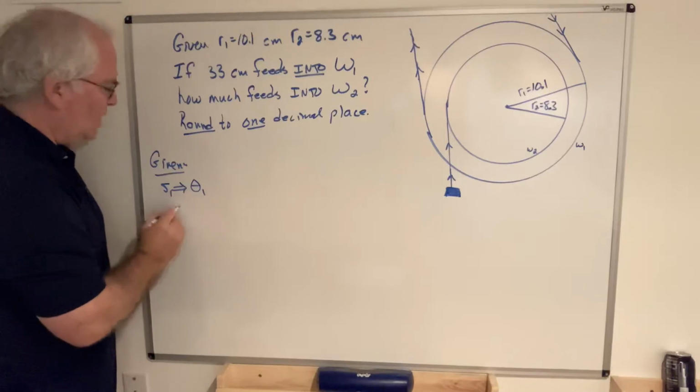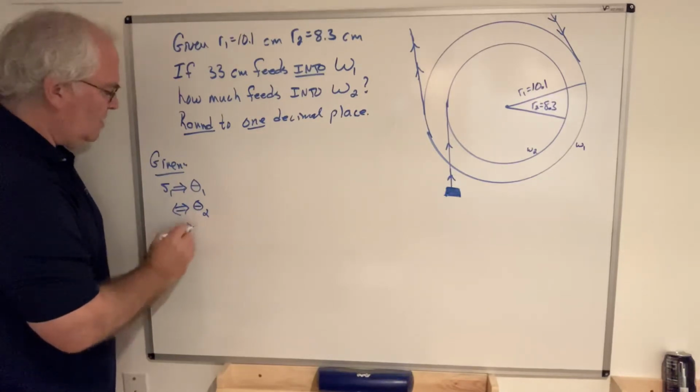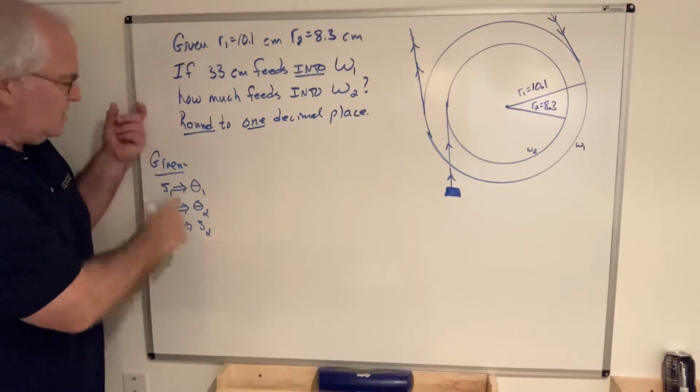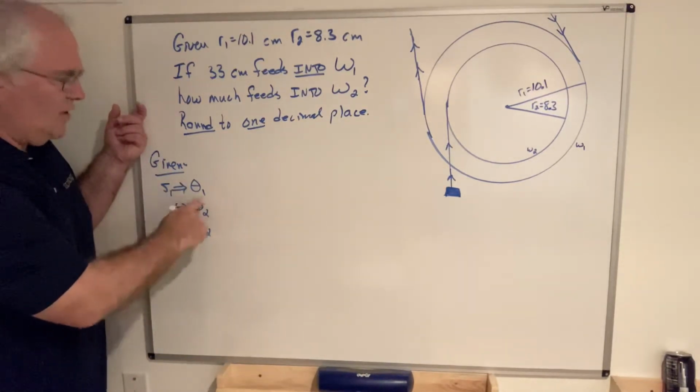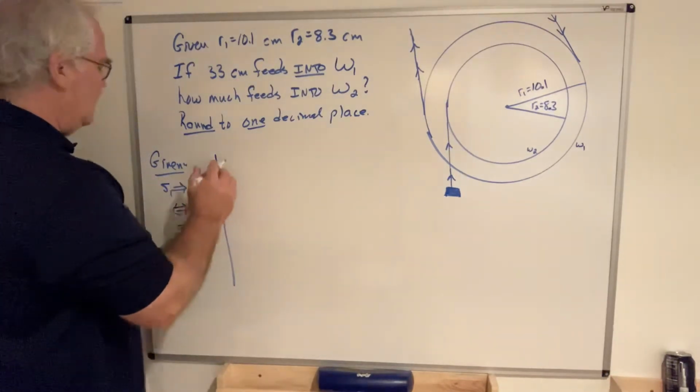But angle number 1 is the same as angle number 2, from which we can compute arc length number 2, and arc length number 2 is what we're asked to find. So this is our structure. Follow this, write this out so you don't get lost in the process. So that's my structure. Now the actual values.